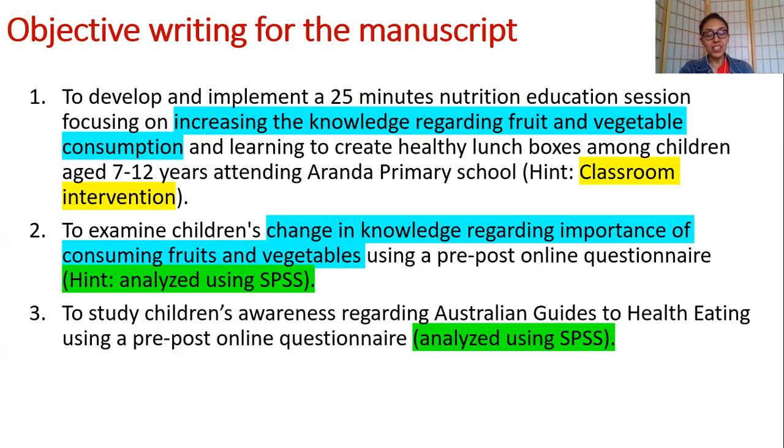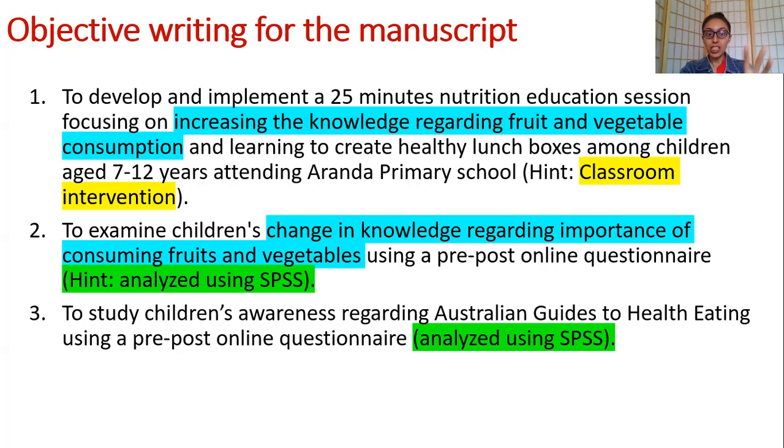Okay, coming back to the point. Your first objective should relate to what you have done in the classroom, and make it as specific as possible, which is the language I have been using. And your second and third objectives should be related to what you have done in SPSS. In SPSS, you will be doing two analyses: one for section 2, one for section 3.